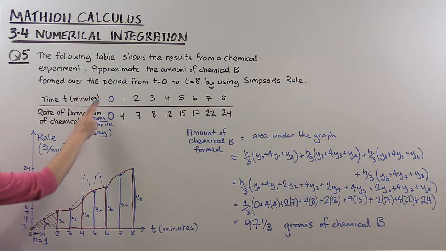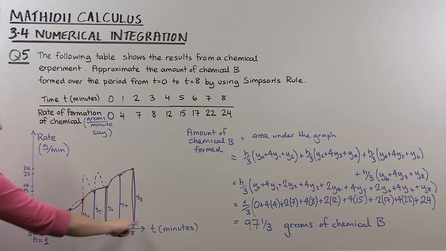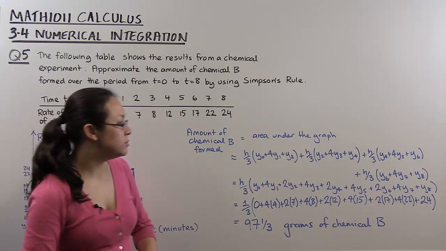So we had a table of values showing the rate at which the chemical was forming, and if I graphed the rate versus time, it was the area under that function that was going to give me the total amount of the chemical that was formed, and I was estimating the area under the function using Simpson's Rule.